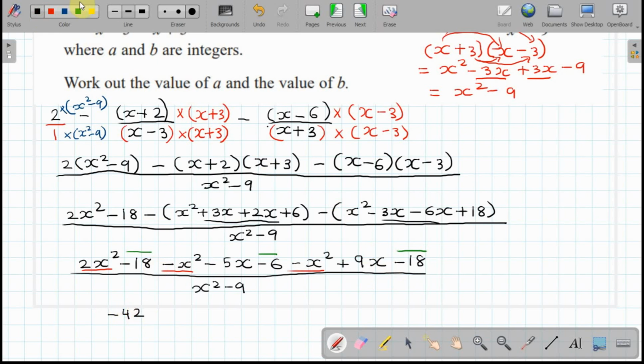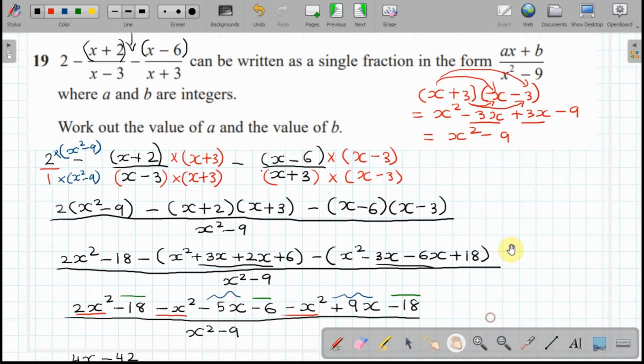What else have I got? The x's. Minus 5x and plus 9x. So those two simplify to give me 4x. Minus 5x plus 9x is 4x. So I'm going to write it as 4x minus 42 over x squared minus 9.